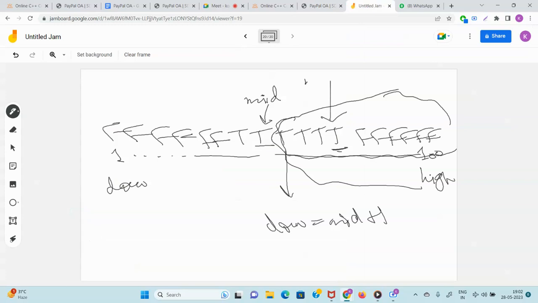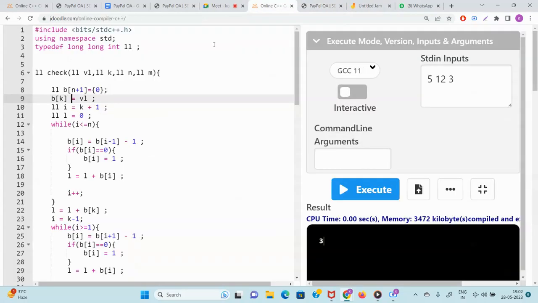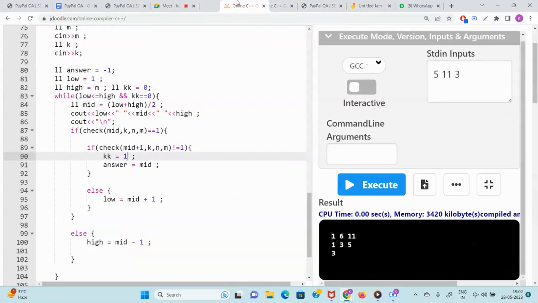Now if you come to know that a value just ahead of you is false, it means you found the biggest T. That's why we are writing, if mid plus 1 is not equal to 1, it means it is false, 2 or 3, then answer equal to mid.